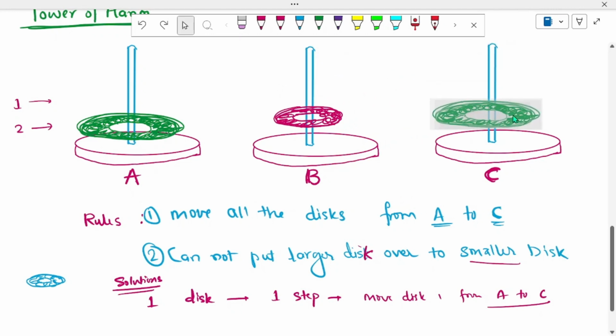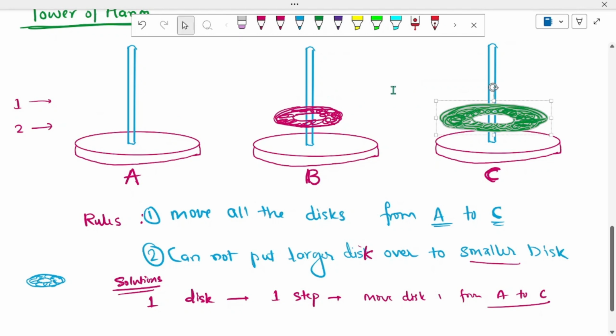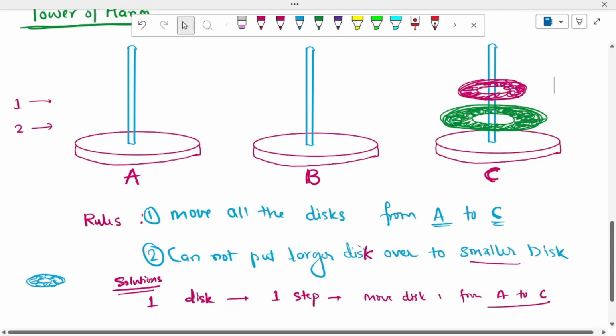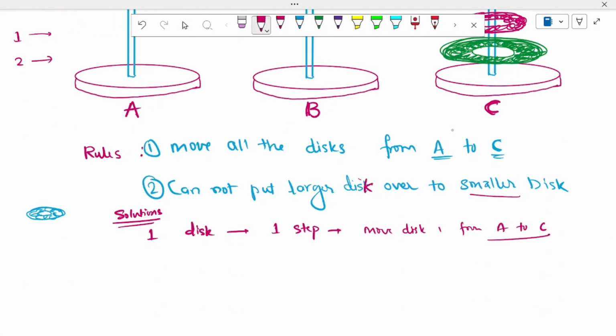So I'll put it here, and then after that I'll put the first disk here. So we have solved our problem, using B to transfer all the disks from A to C. Here we took maybe 3 steps. We'll check how many steps.